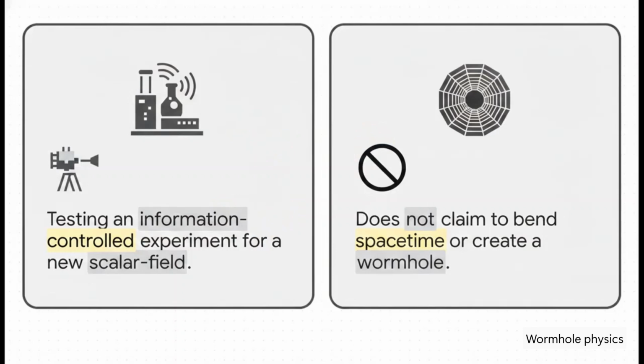We must separate the narrow claim of testing for a new invisible field from the massive claim of actually creating a wormhole or bending spacetime. In this experiment, we're looking for a tiny ripple in a pond, okay? We're not trying to part the entire ocean. Science builds its credibility by moving in strict, measurable, tiny increments, and this hypothesis remains fiercely grounded in that reality.